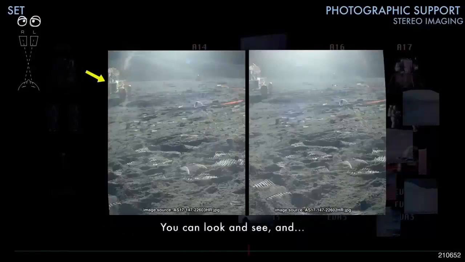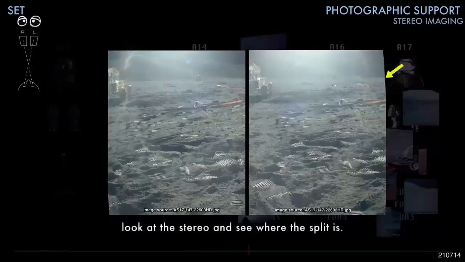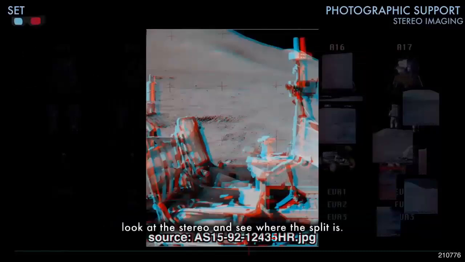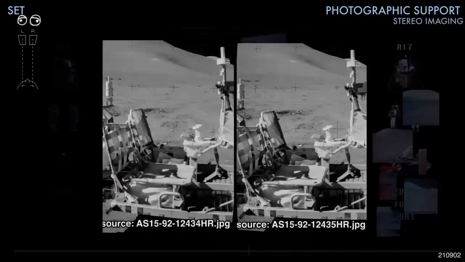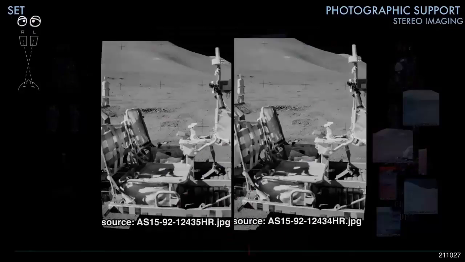You can look at the stereo and see where the split is. I added the names of the source photos at the bottom so that you can look on the NASA website at your own convenience. You can also use the cross-eyed method to bring these photos into a 3D view.